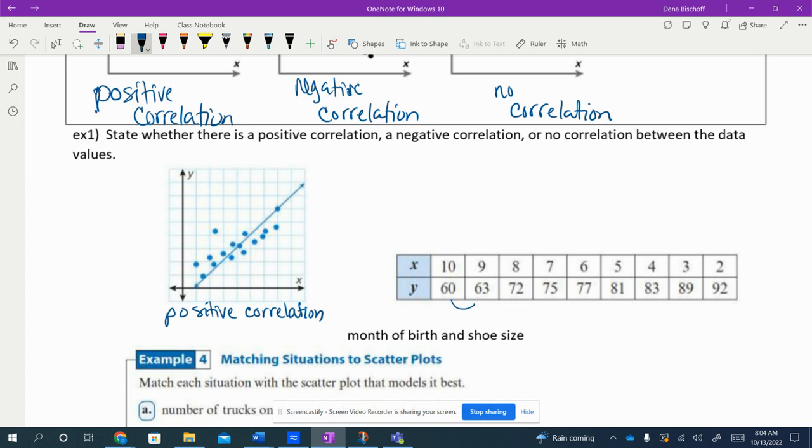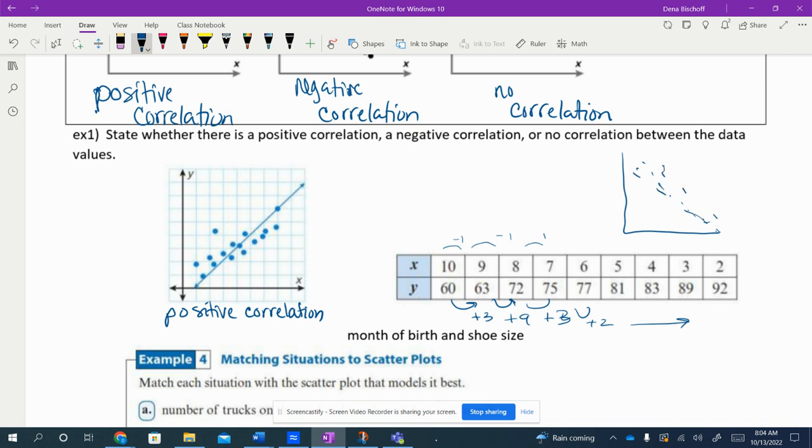So as y gets bigger, plus 3, plus 9, plus 3, plus 2. As y gets bigger, x is getting smaller. So if I were to graph that, as the y values get bigger, the x values get smaller.